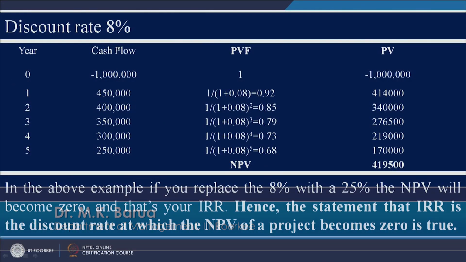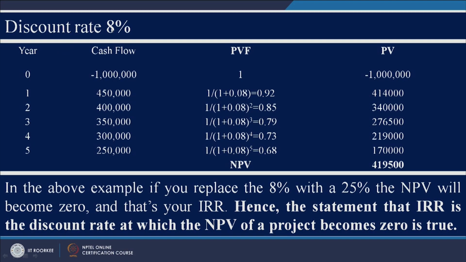Let's take discounting rate as 8%, right? Discount rate is 8%. When we solve this question, our NPV is 4,19,500. So this is your initial cash outflow, and this is present value, discounting rate is 8%. So, this is your discounted present value factor, and multiply this column with this particular column and add all these values, right.